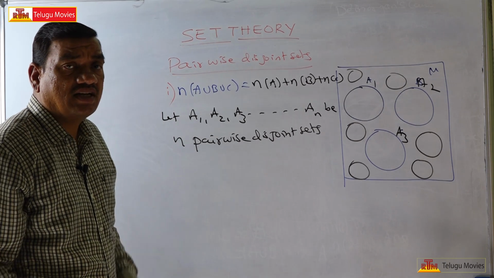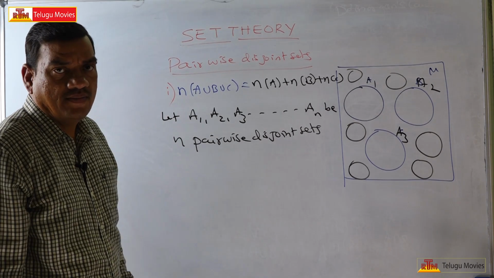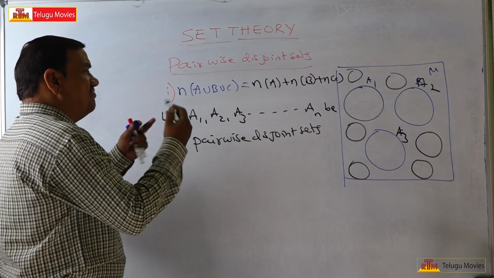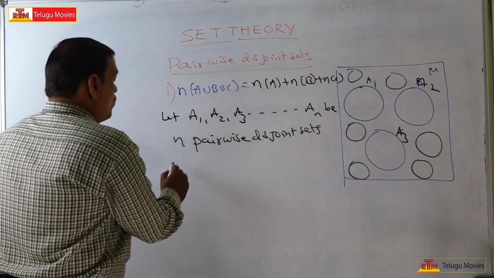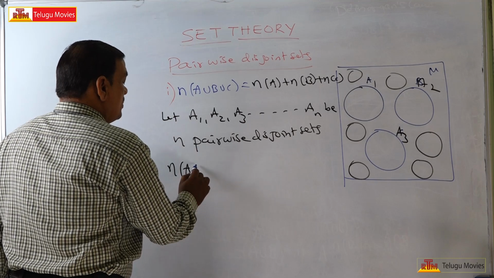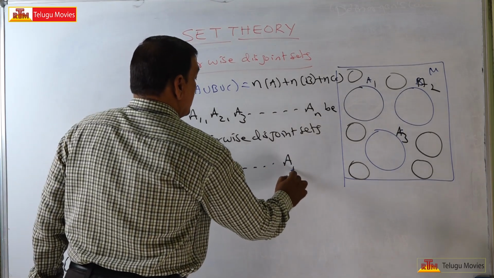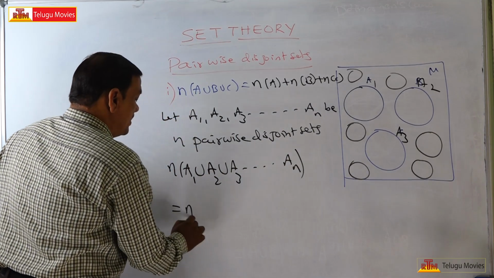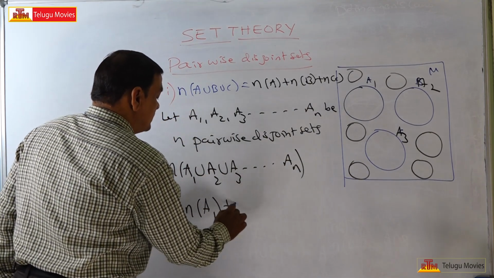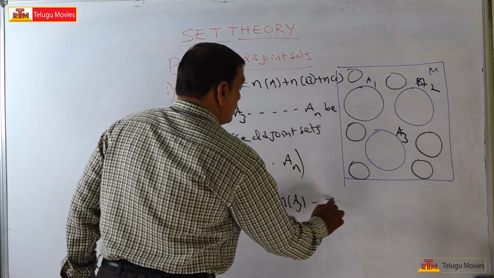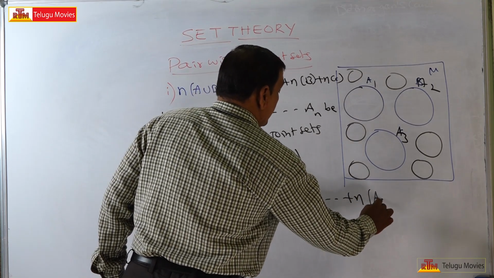No two sets are overlapping, that means everything is different. Then n of A1 union A2 union A3 and so on up to An is nothing but n of A1 plus n of A2 plus n of A3 plus and so on n of An.